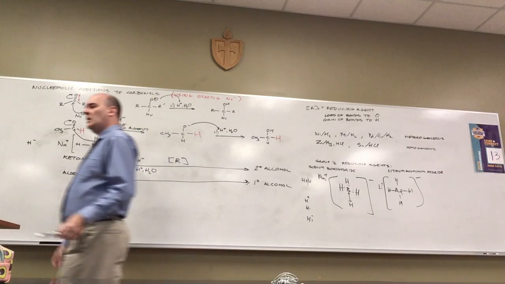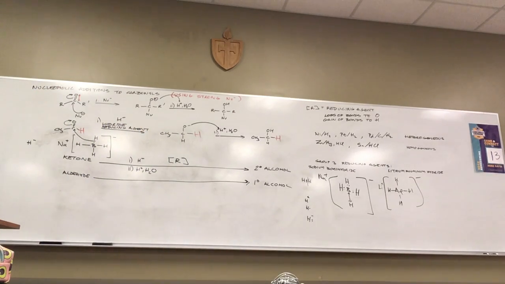Now, sodium borohydride and lithium aluminum hydride are not the correct names for these molecules, but they're the names that are widely used. And in fact, the correct names of these molecules is also wrong. So we're kind of stuck.